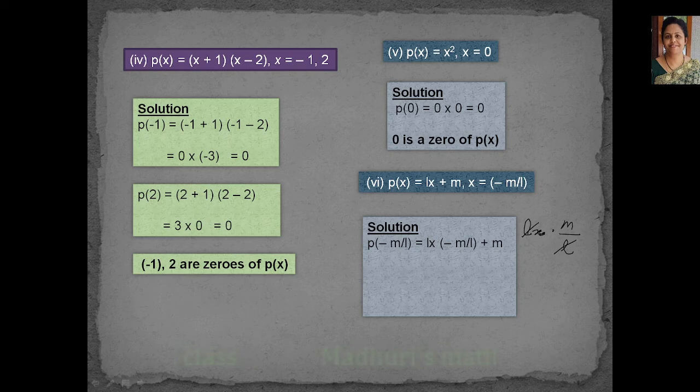So l into negative m by l, l and l cancel. What is remaining? Negative m is remaining. So negative m plus m is equal to 0. So here negative m by l is a 0 of P(x).